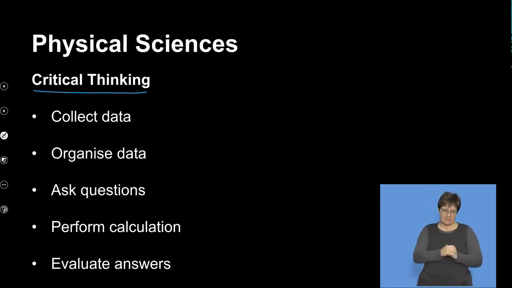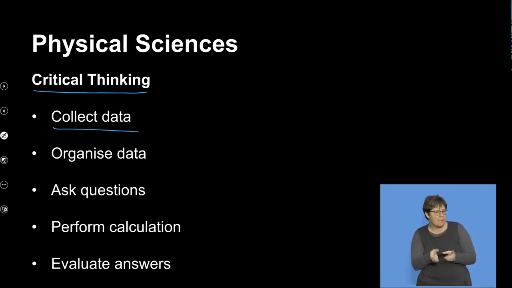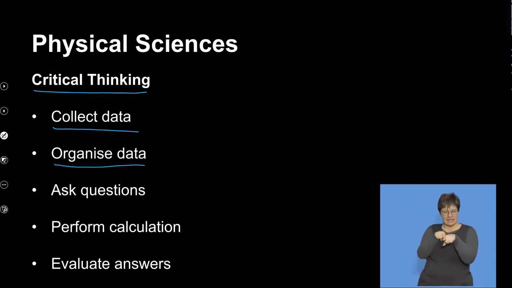To make our information real, we collect data. That's mainly through observation and experiment, and then we analyze or we organize the data. And organizing the data helps us ask more questions.